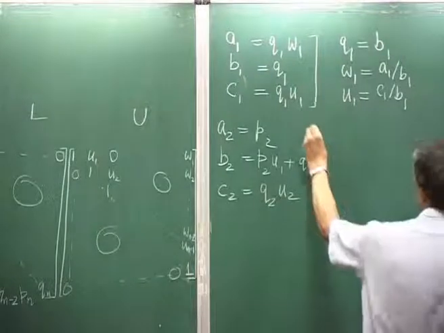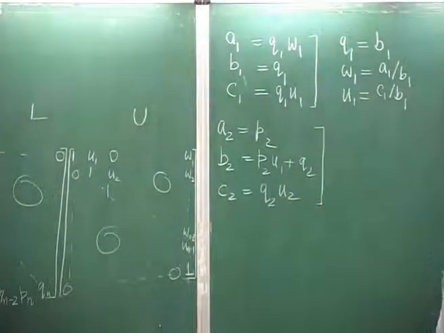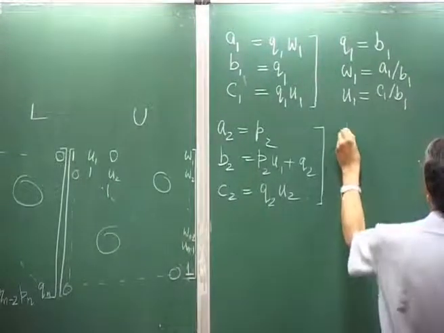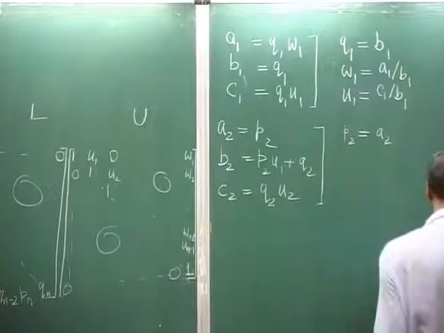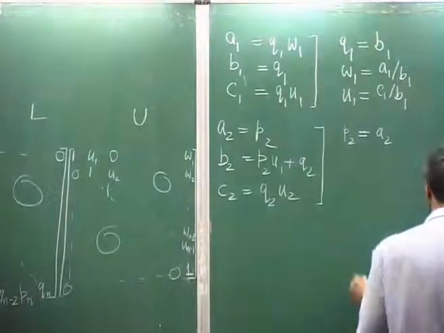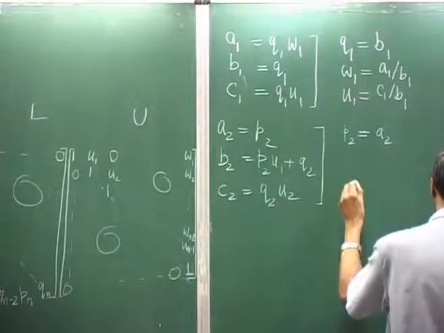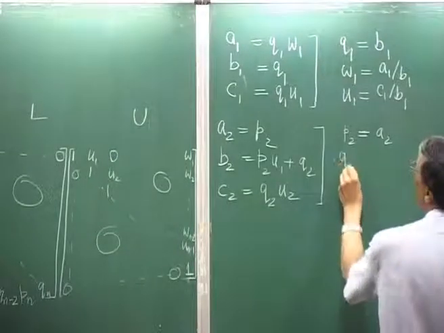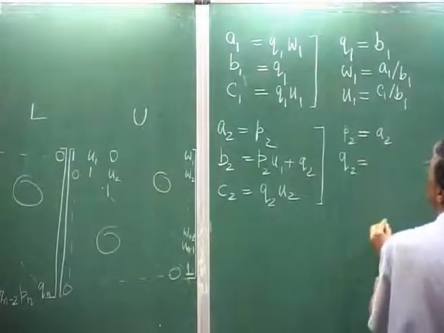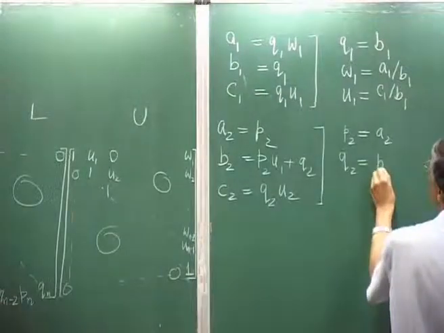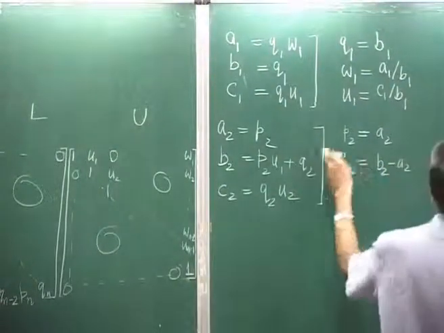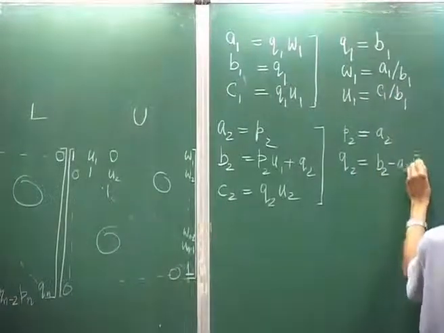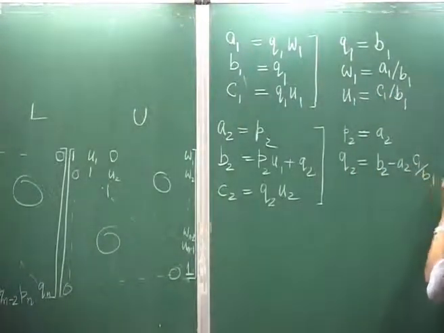So, again you have a handle to the problem, and that tells you your P 2 is nothing but A 2, and then we estimate Q 2 from the second equation, that would be B 2 minus A 2 U 1, and U 1 is here, so C 1 by B 1, right.